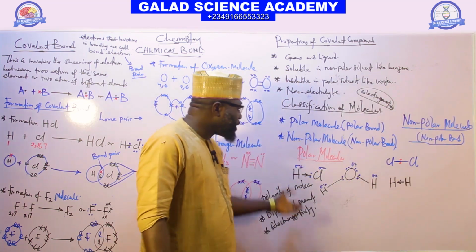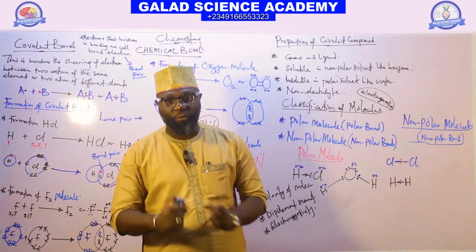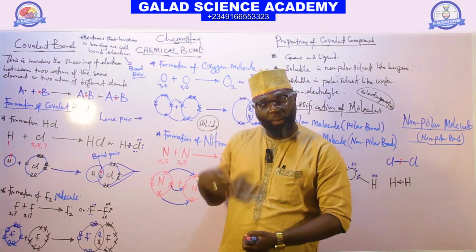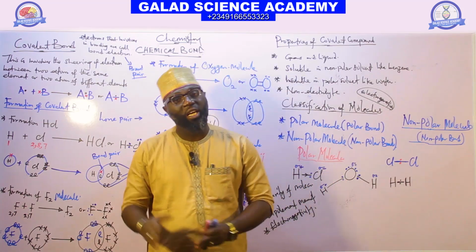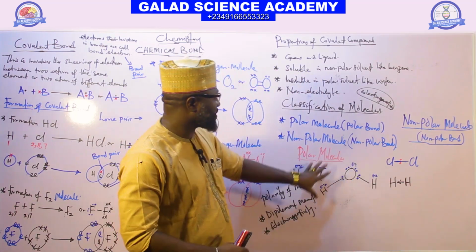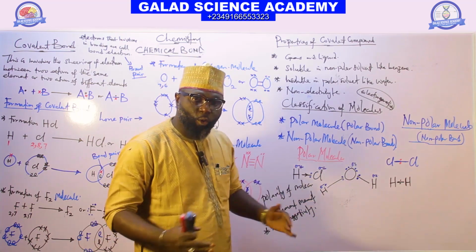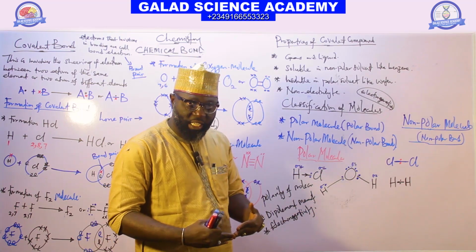We will apply all these polar and non-polar molecules in intermolecular forces when we get to what we call Van der Waals force, London dispersion force, dipole attraction. That's why I'm trying to write it very well. Polar bonds or molecules have different electronegativity.